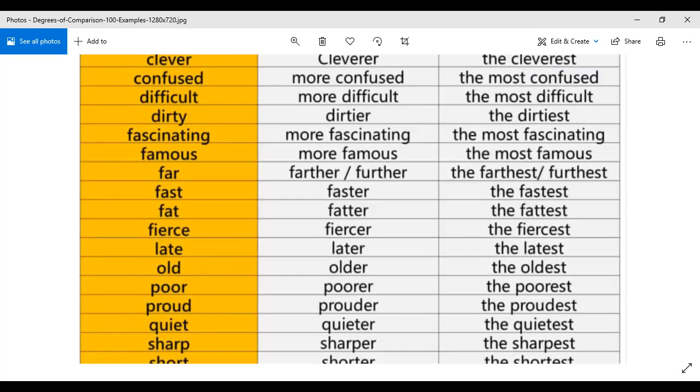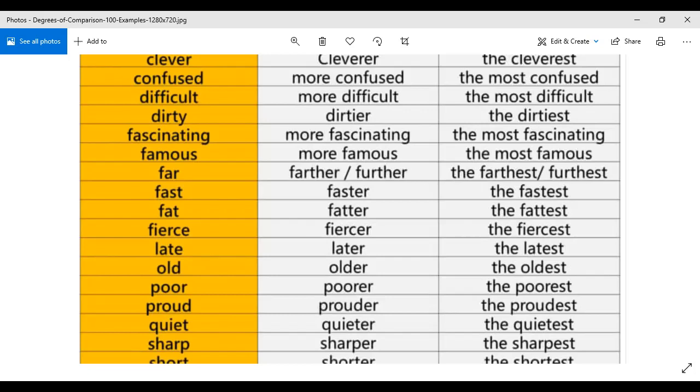Clever, cleverer, the cleverest. Yes, it's a quality, and we use it to make a comparison. Then we have confused, more confused, most confused, right? Again it tells about a person that he is confused, he is more confused, he is most confused. Then difficult.